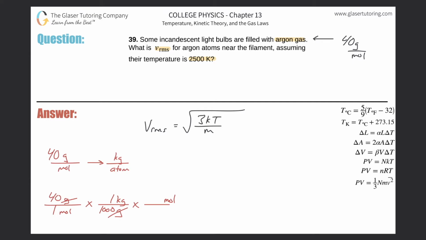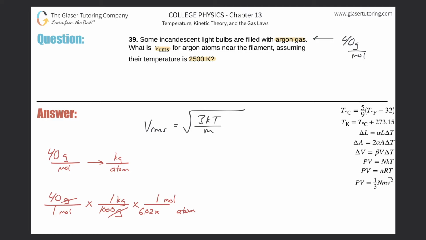Now we need to think: can I go from moles to atoms? Do I know a relationship between the two? You should, if you've taken chemistry. It might be less familiar if you haven't, but you may have seen it in class, or I may have discussed it in a prior video on ideal gases.